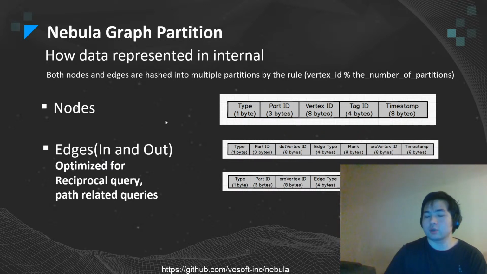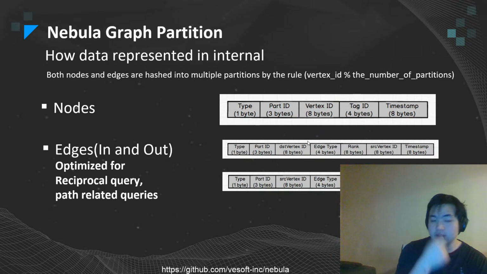Plus, once we create an edge from one node to another, we automatically create a reverse edge from the other node back to it. This optimizes reciprocal queries, so people do not need to worry about schema designs that may not suit reciprocal queries, because Nebula Graph itself does the reciprocal replication. By doing these things, different partitions also support parallelization and scalability.